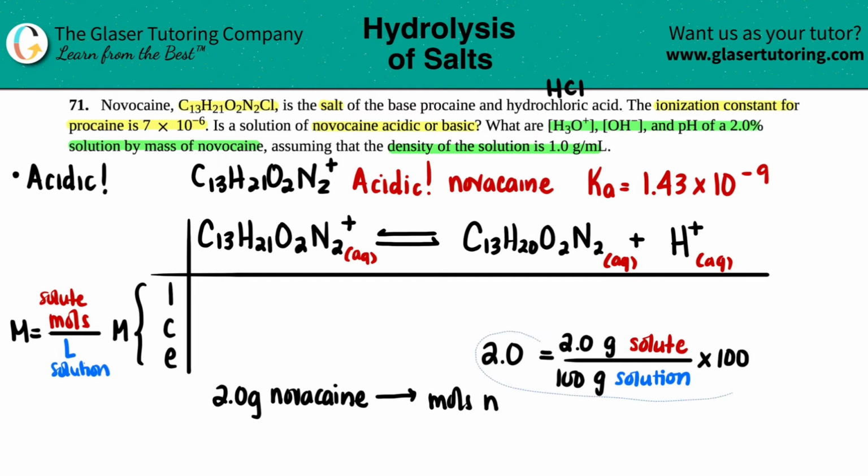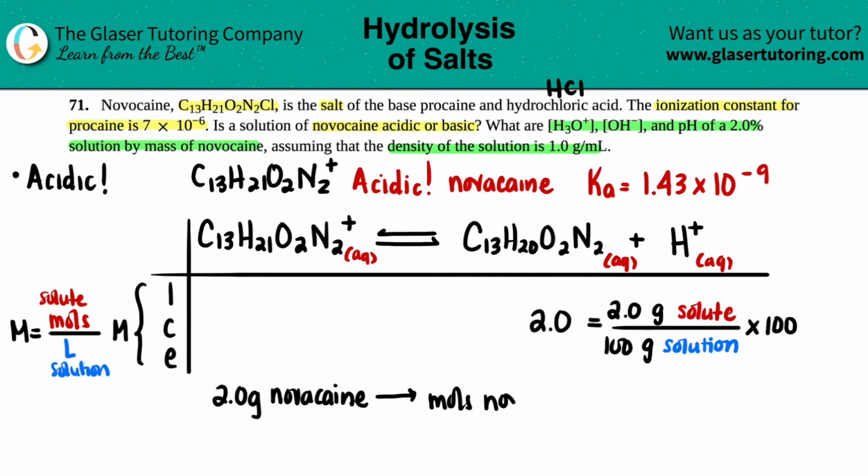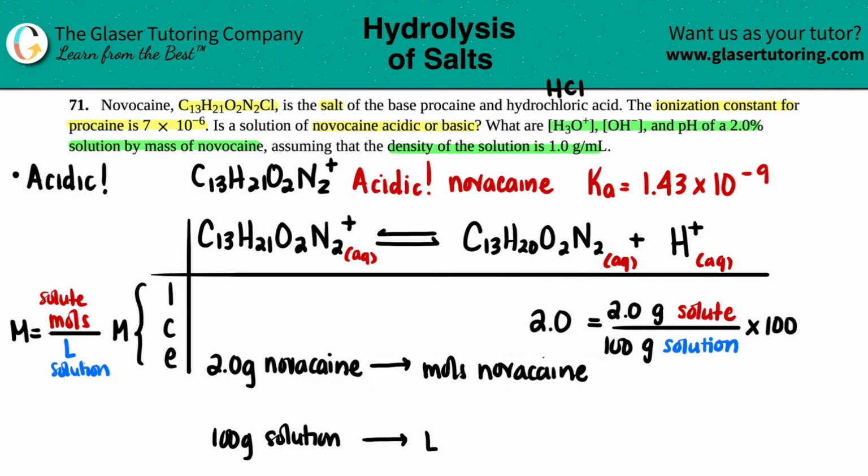And then we have 100 grams of the solution, which I have to turn into liters. So I have to do 2 conversions. Now I think the solution one is easier because they told us that the density of the solution is 1.0 grams per mil. So maybe I'll just hold off here for a little bit. I'll bring this up and we will work with the 100 grams of solution.